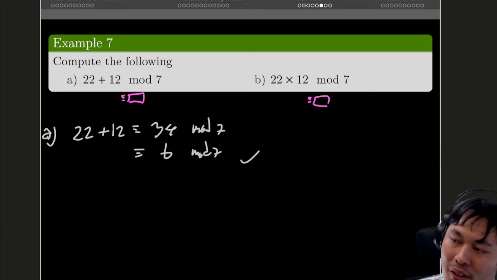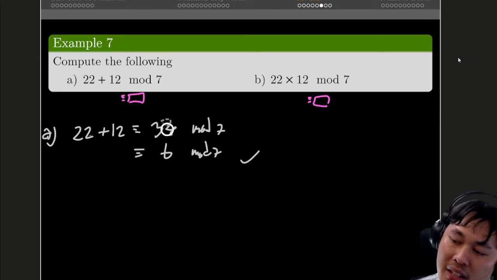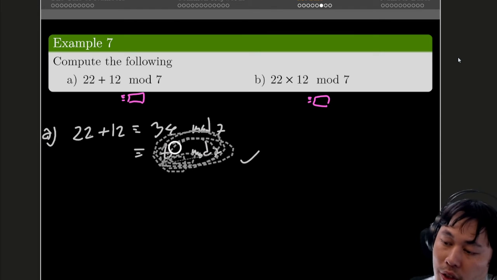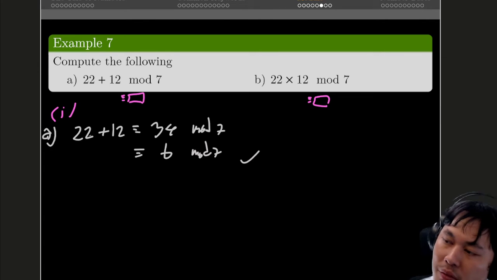This is totally correct in terms of math. If you add two numbers, you can add them up first and then do the modulo to reduce that to a smaller number. That's one way.